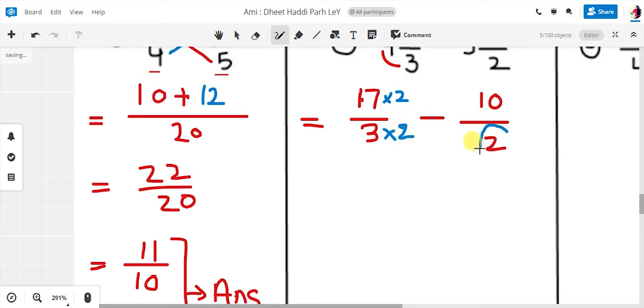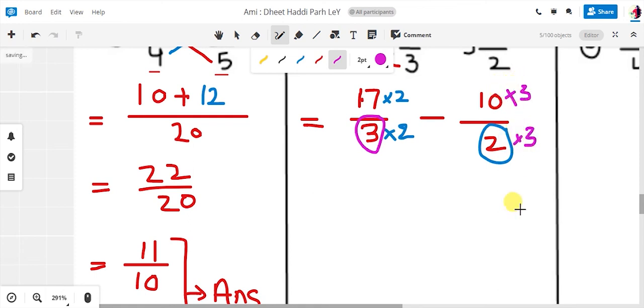Since the second denominator is 2, I have to multiply the first fraction with 2, right? And since my first denominator is 3, I multiply the second fraction by 3, right?